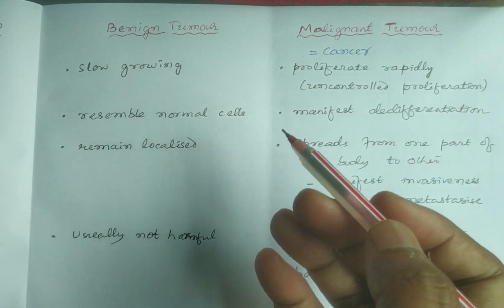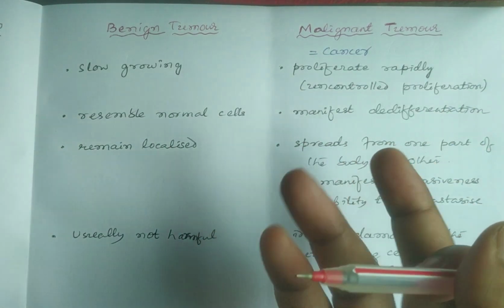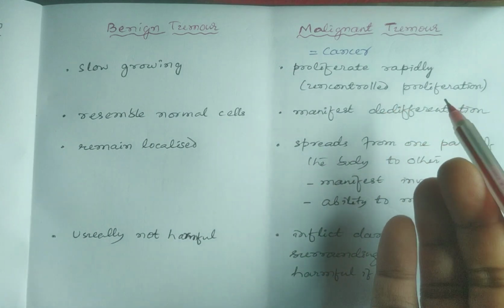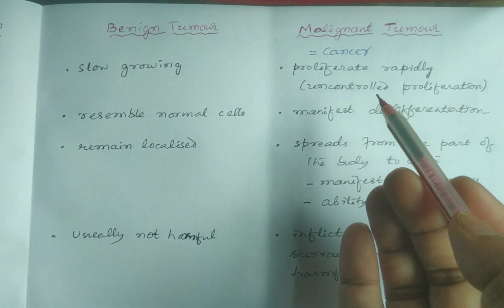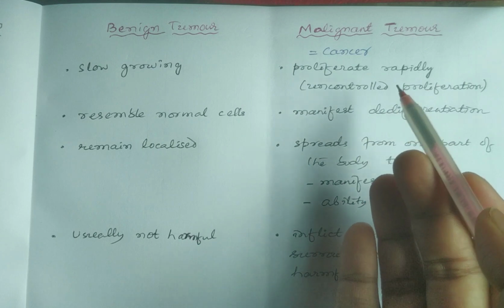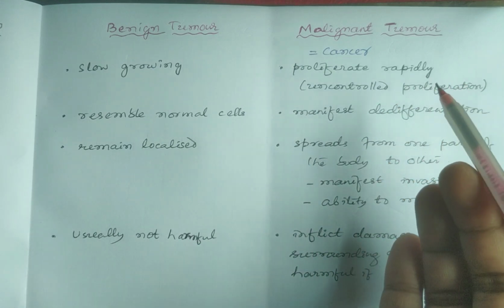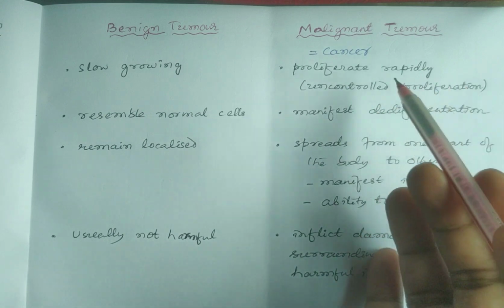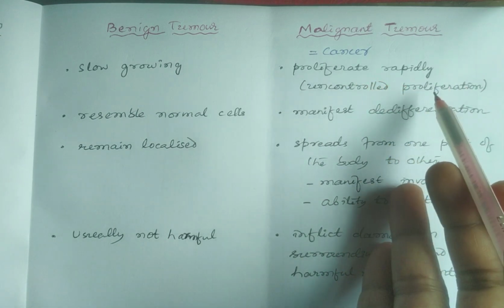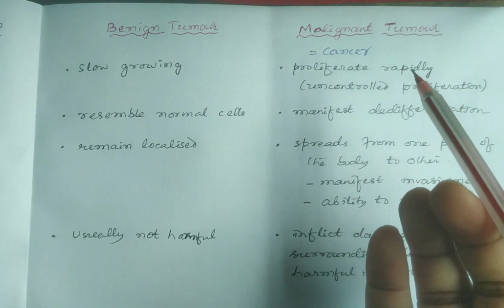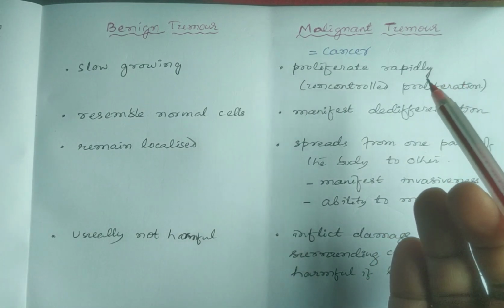That means the cell cycle is not controlled, the positive regulators and negative regulators are not functioning, the negative regulators are not controlling the proliferation, and if they are mutated, then there is uncontrolled proliferation. There are several other reasons for uncontrolled proliferation also.